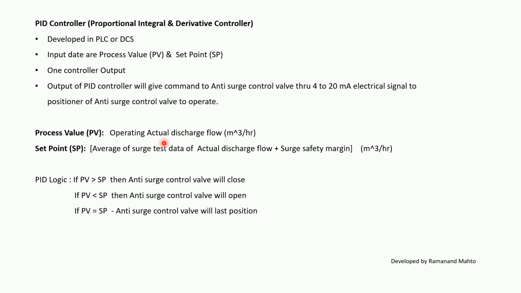Process value PV is the operating actual discharge flow in meter cube per hour, and set point is the average of all the surge test data of actual discharge flow plus surge safety margin in meter cube per hour. So PID logic: if PV is greater than SP, then the anti-surge control valve will close. If PV is less than SP, then the anti-surge control valve will open. If PV is equal to SP, then the anti-surge control valve will stay in the last position.